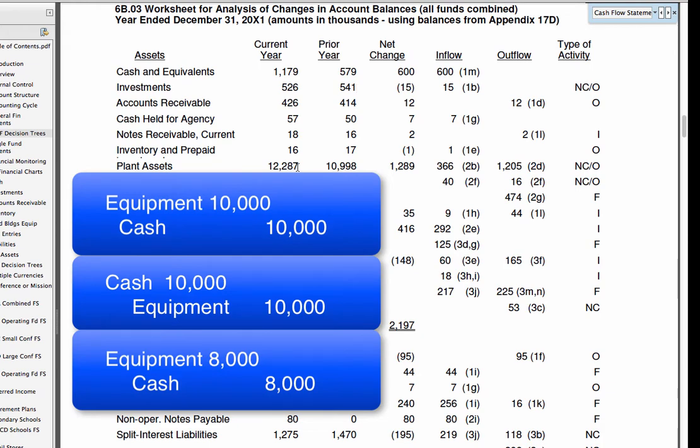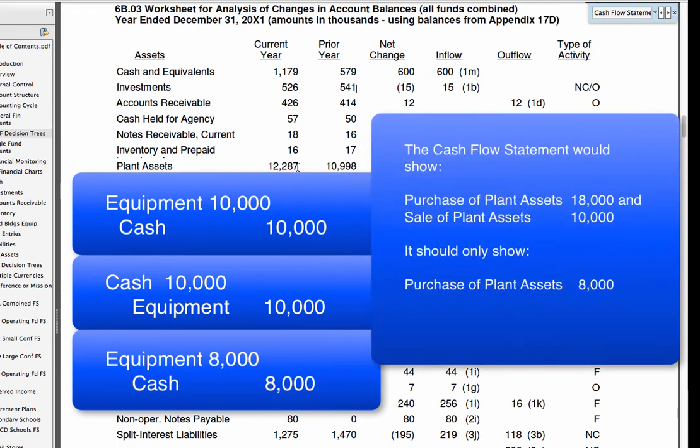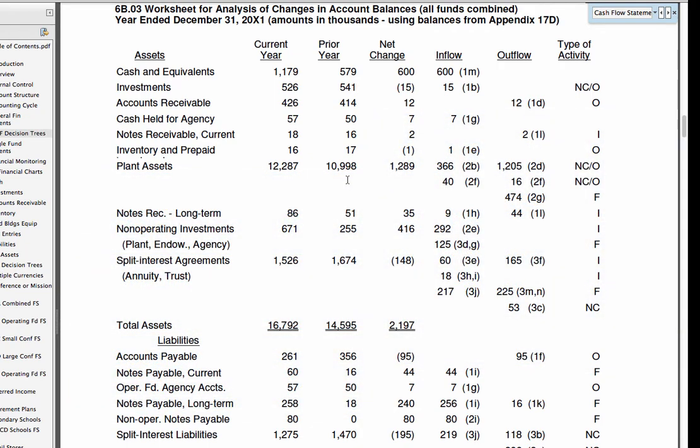Well, the credit of the reversing shows up as a sale, a disposal of the plan assets. So the cash flow statement is a starting point for gathering all the information. The cash flow statement is correct if the assumptions are correct. If the assumptions are incorrect, then the cash flow statement, even though it balances, is incorrect.